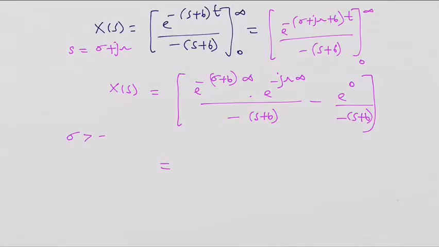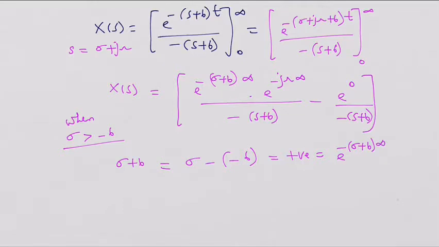Before finding out the condition, I just want to assume certain conditions. What will happen if sigma is greater than minus 6? Then sigma plus 6 is a positive quantity. When this becomes a positive quantity, e power minus sigma plus 6 into infinity will become e power minus infinity, which, as you all know, is equal to 0.